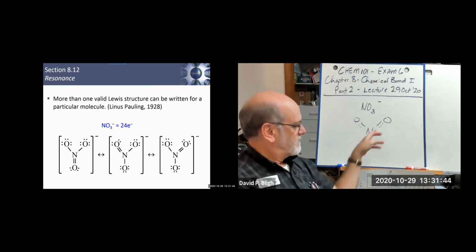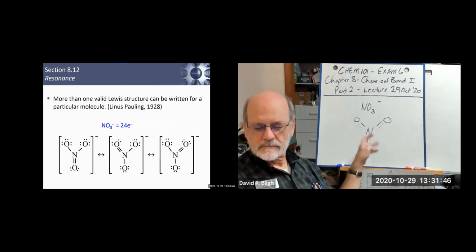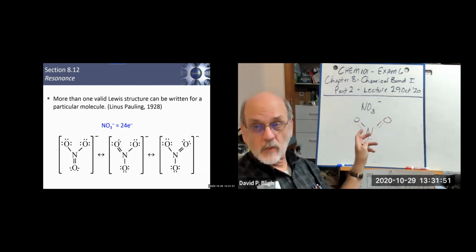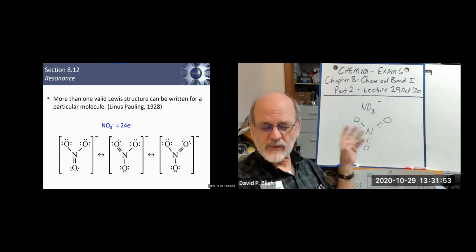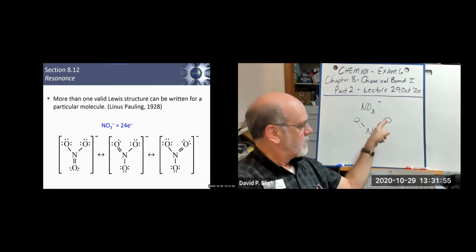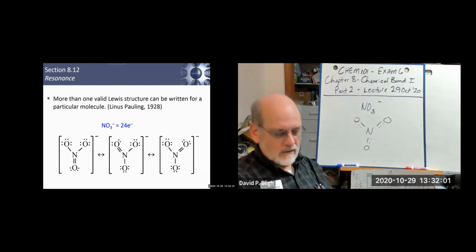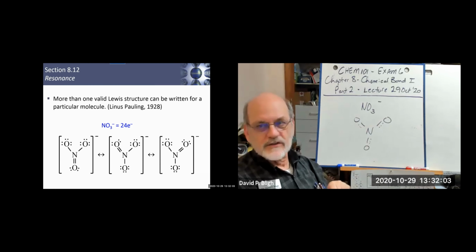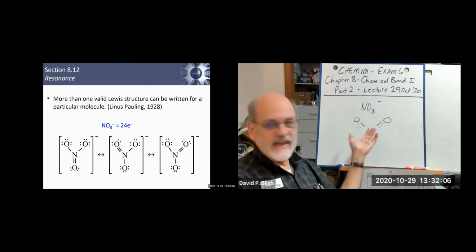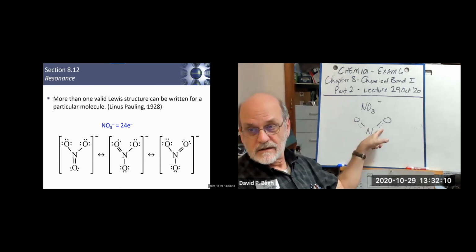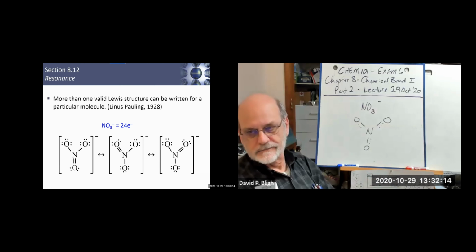That sort of half double bond, or partial double bond, means that all of these bonds are equal. And that's proven. Experimental data says that all these bonds are the same strength, the same length. But the Lewis model, the way we draw them, doesn't allow for that, because then you don't know where to put the electrons. How do you assign electron numbers with a dashed bond? It doesn't exist.